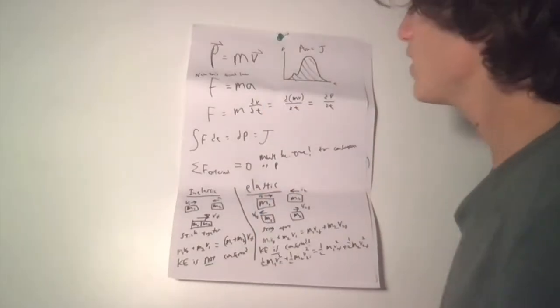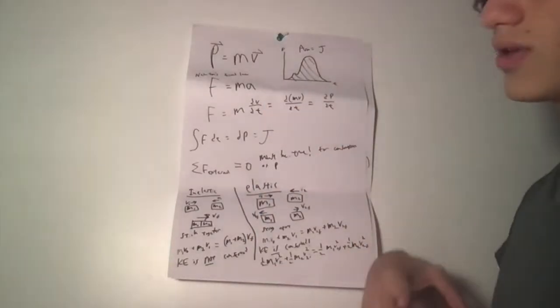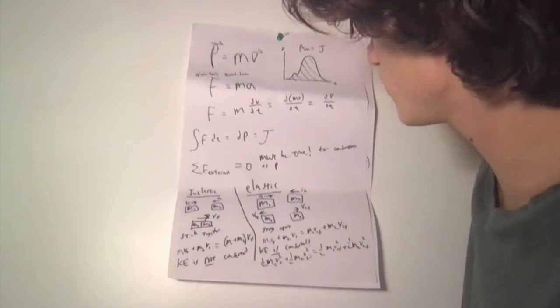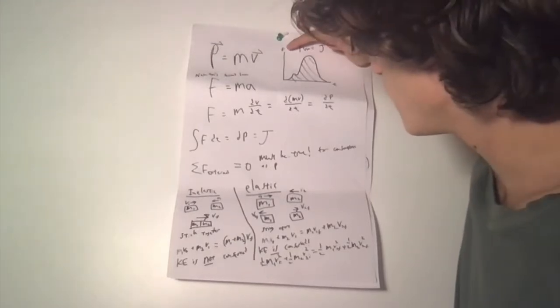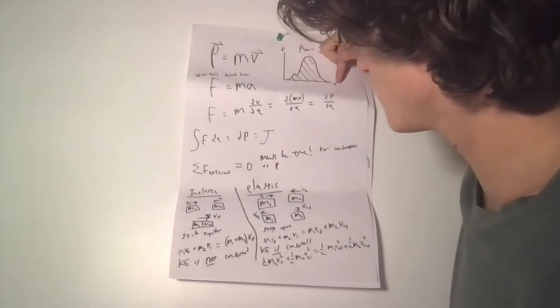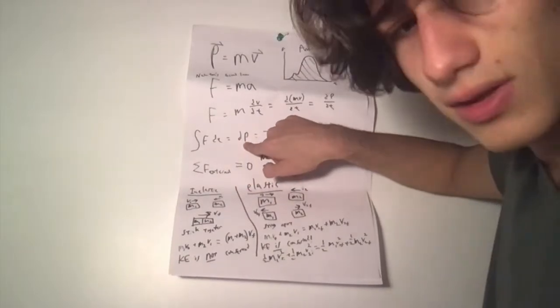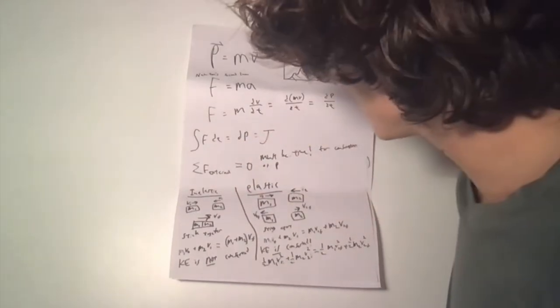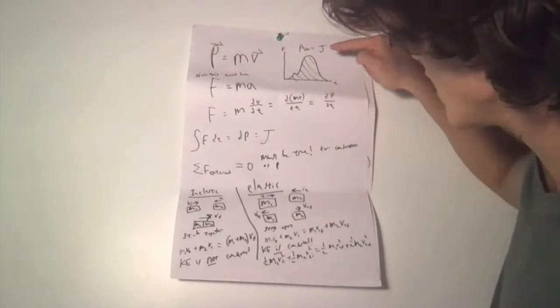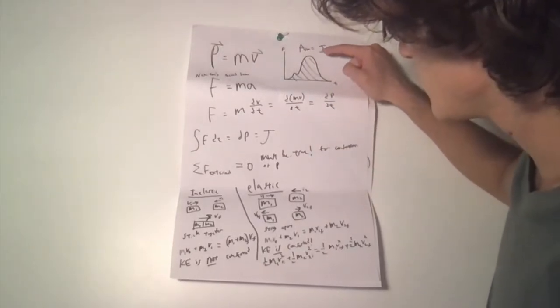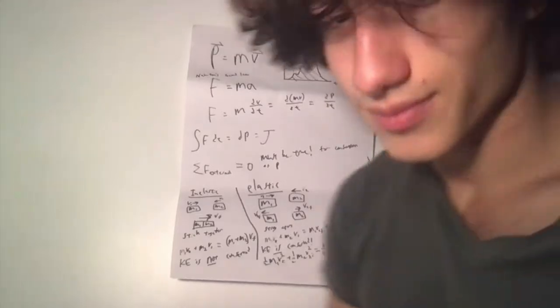Now, if we take the area under this curve, effectively what we're doing is taking the integral of force with respect to time, which we said is the difference in momentum, or delta momentum, which we said is J, impulse. So the area under this is impulse.